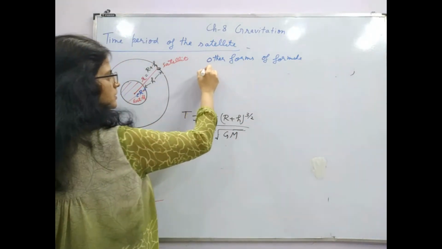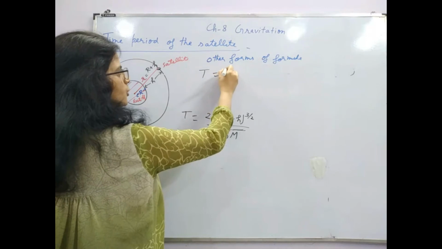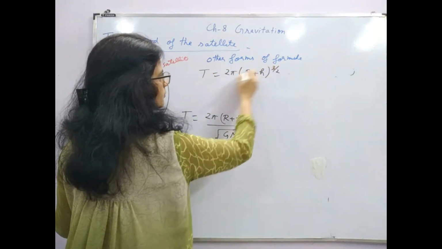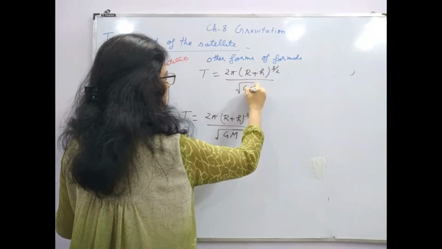So I can write it here: T is equal to 2 pi R plus h to the power 3 by 2 upon under root of GM.